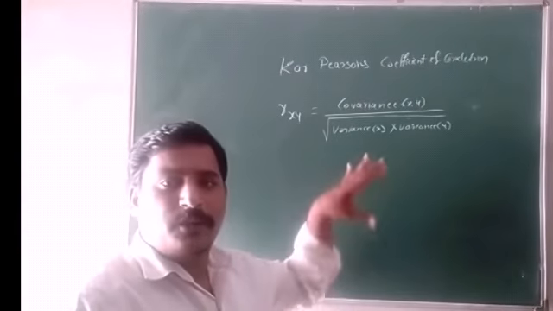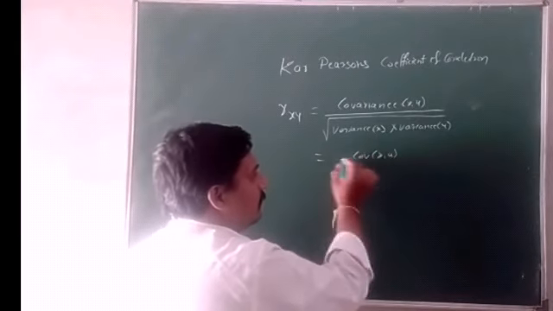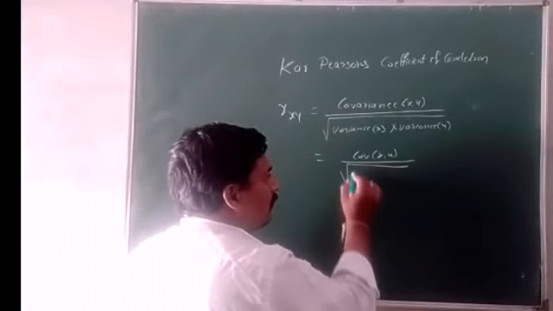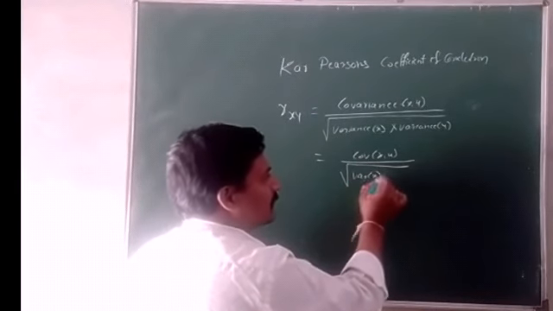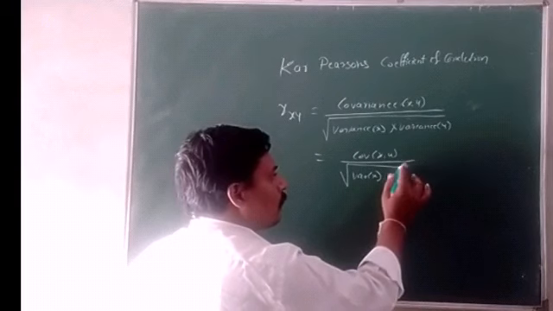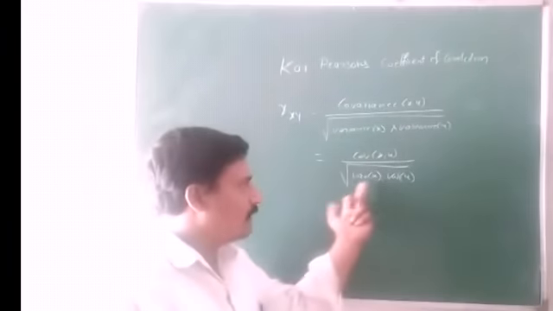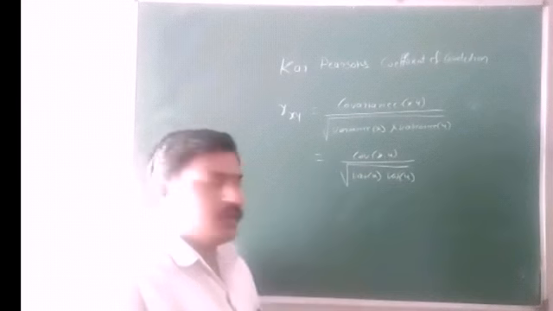Written symbolically, it is covariance of xy divided by root of variance of x into variance of y. As we have taken variance of x and variance of y, we have written root here.